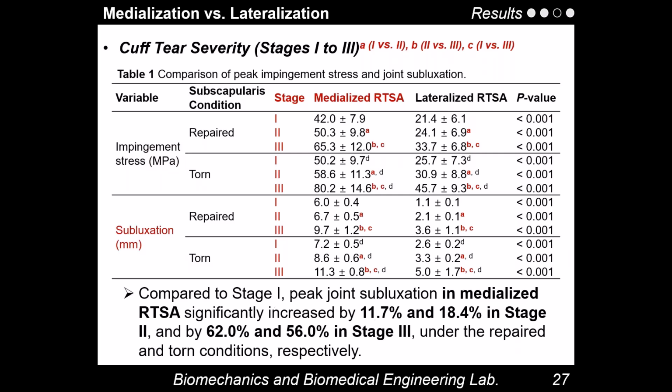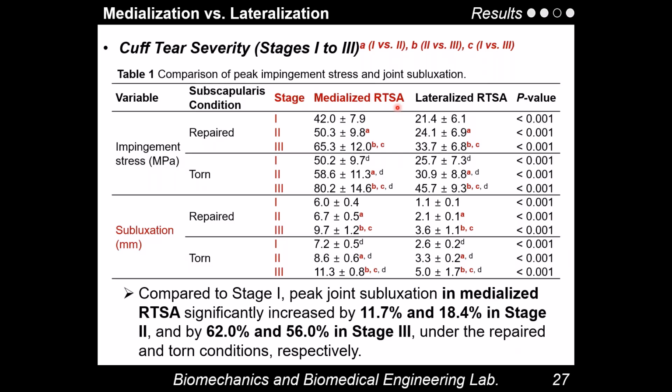Now, let's move on to joint subluxation. We will first look at how the progression of cuff tear severity affects the medialized RTSA model. Compared to stage 1, the peak joint subluxation in the medialized RTSA significantly increased by 11.7% and 18.4% in stage 2.